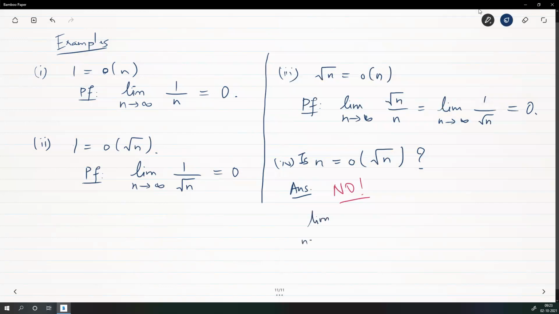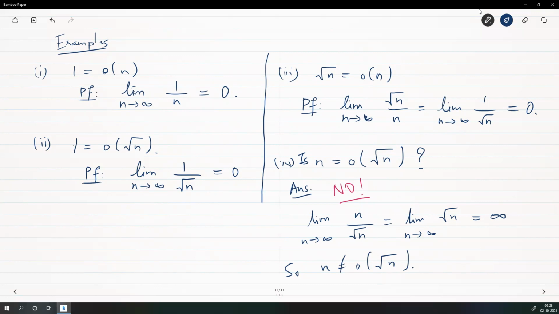The limit as n tends to infinity of n by square root n is the limit of square root n. But this is infinity, not 0. Therefore, this is not true. So n is not little o of square root n. Is that okay?